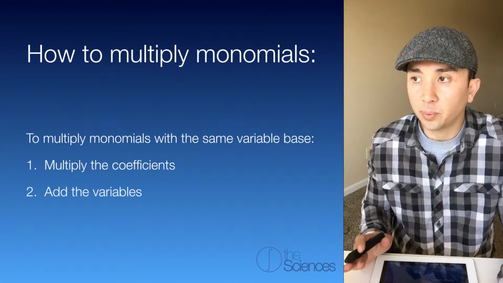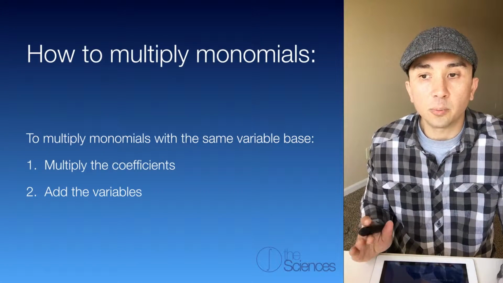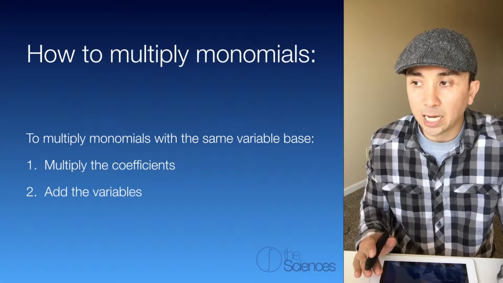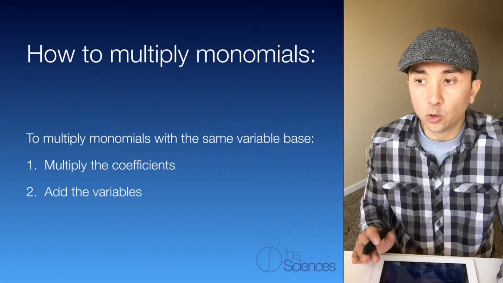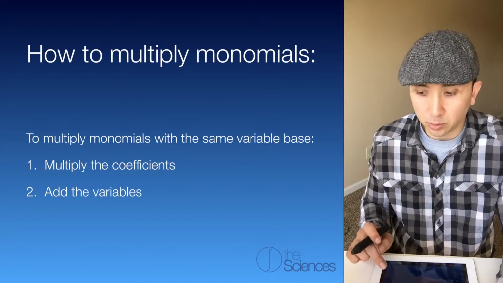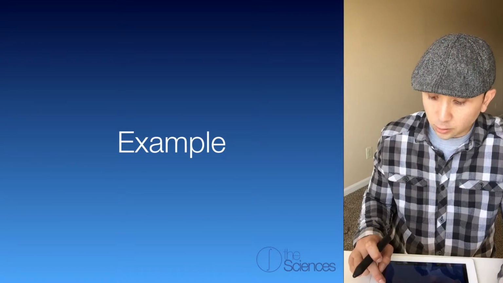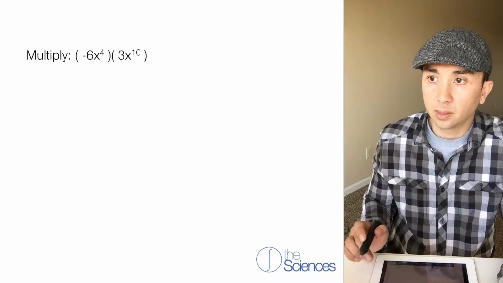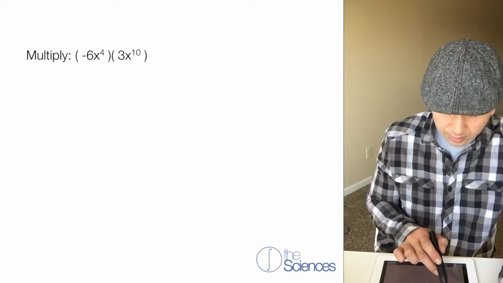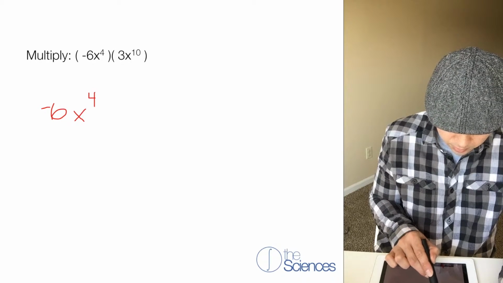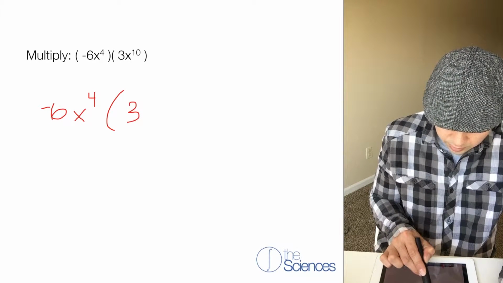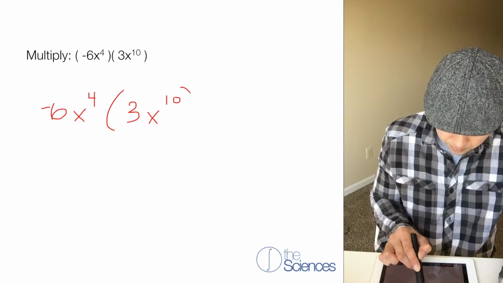Now here's how to multiply monomials. To multiply monomials with the same variable base, all you're going to do is multiply the coefficients and add the exponents. So let's do an example. Let's multiply negative 6x to the 4th power times 3x to the 10th power.